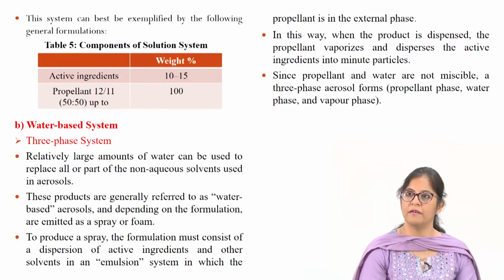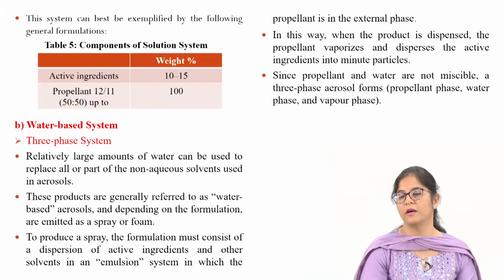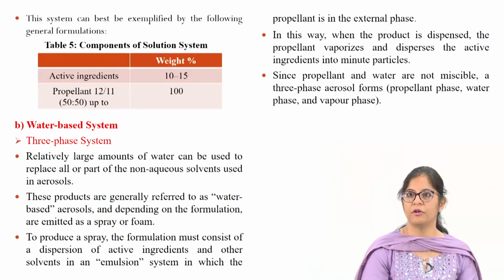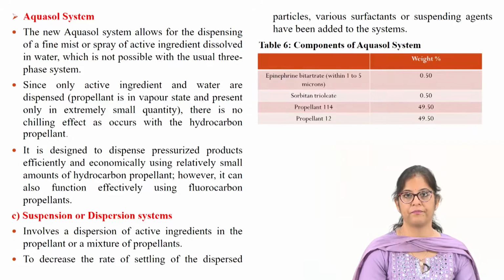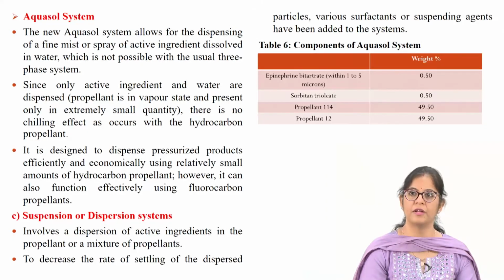Since propellant and water are not miscible, a three-phase aerosol forms, that is, the propellant phase, water phase and the vapor phase. Aquasol systems are new systems allowing for the dispensing of a fine mist or spray of API dissolved in water, which is not possible with the three-phase system.